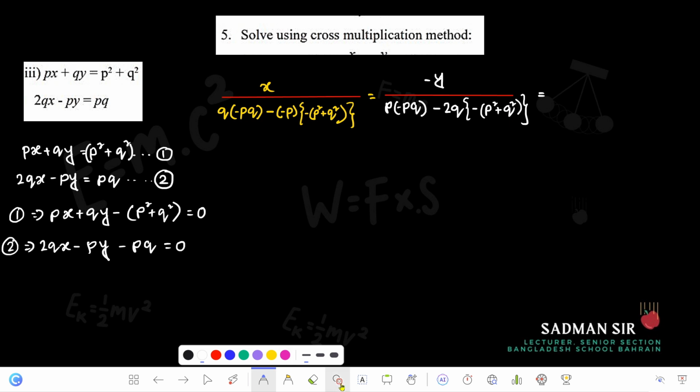And we will put equal sign again. We will write 1 here, and the constant term will be hidden. So p into minus p, p into minus p, then formula minus, then 2q into q. So 2q into q.